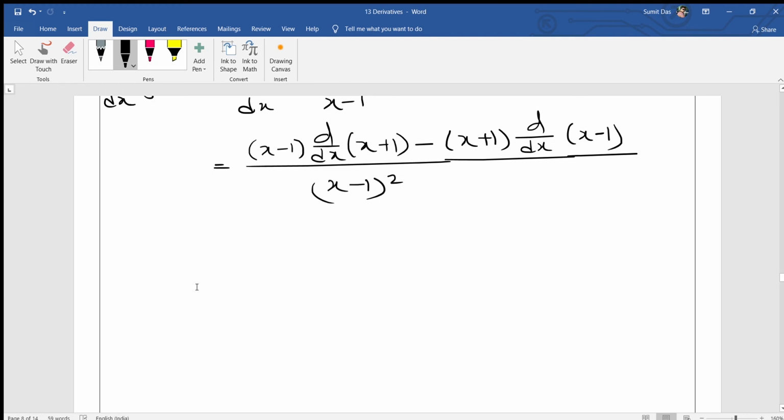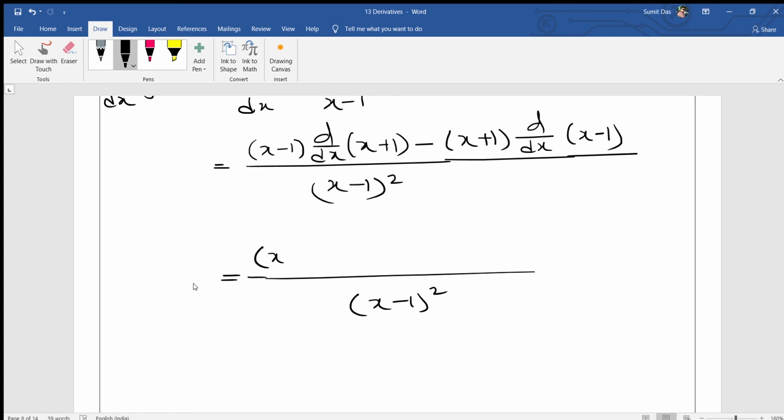I did one mistake, not in this question; one question I will tell you later, after completing this one. There was a calculation mistake. So it will be (x - 1) whole square.